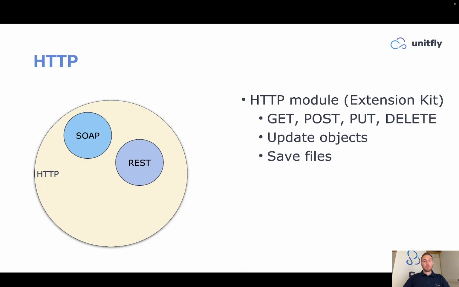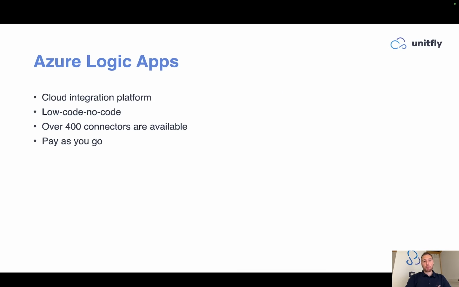The next thing is, I will quickly tell you about Azure Logic Apps. It is a cloud integration platform on Microsoft Azure. It's low code, no code, which means that you can use it 90% without using any code.